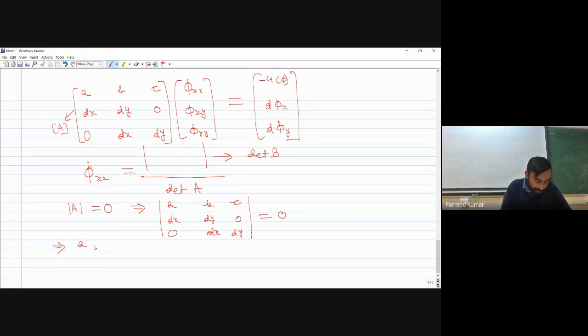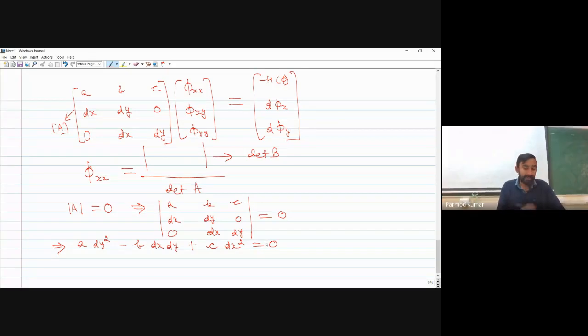So it will be a times dy square minus b times dx dy, plus c times dx square. Okay, so this is my determinant.